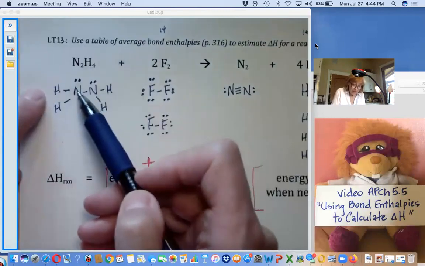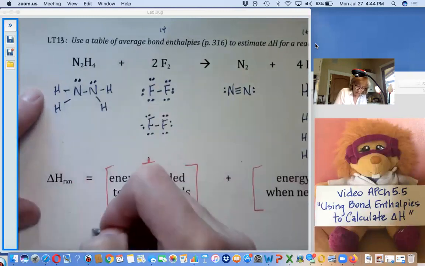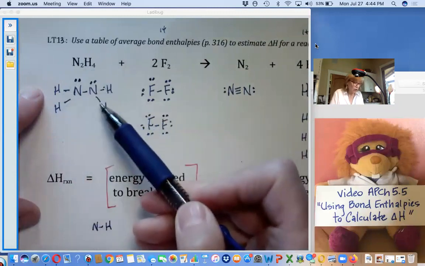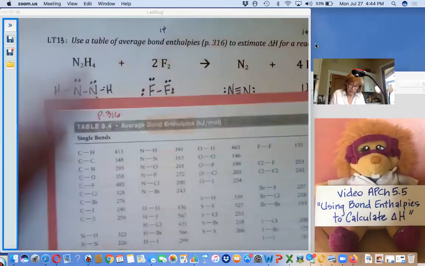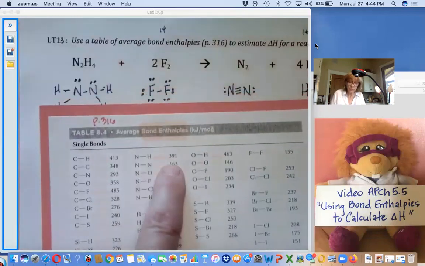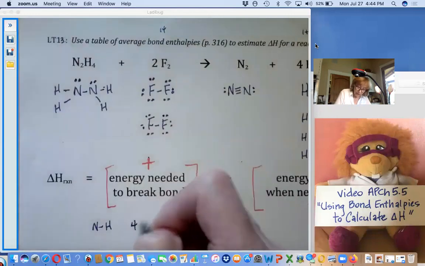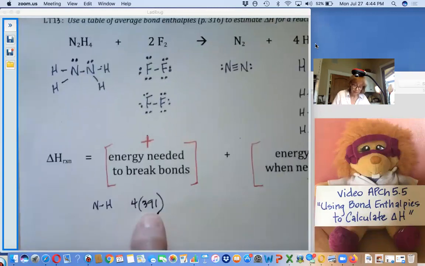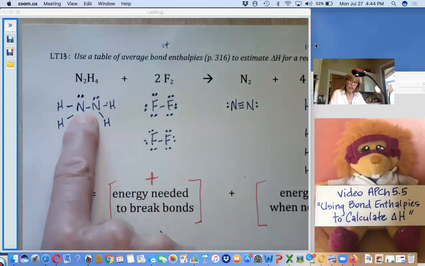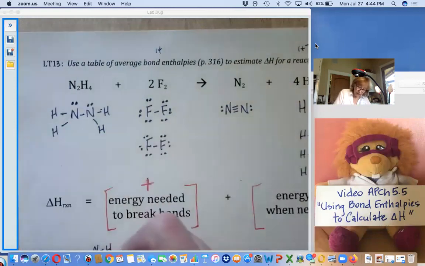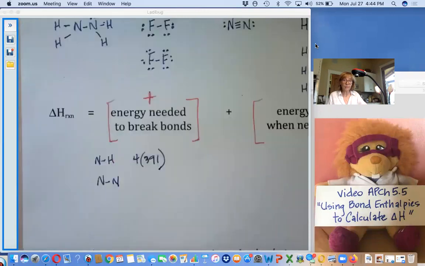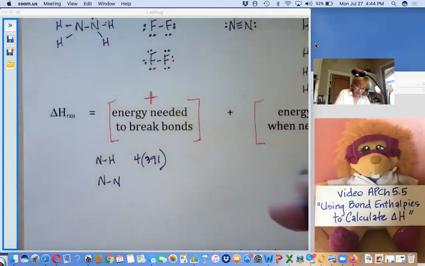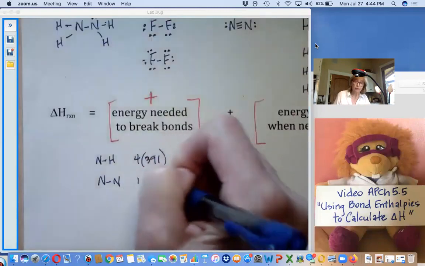All right, so let's come over here. First, I see that I have the nitrogen to hydrogen bond. And I see that there's 1, 2, 3, 4 of those that have to be broken. Nitrogen to hydrogen, 391. And there are 4 of them. This is energy going in. I also have to break the nitrogen to nitrogen single bond. And that has a value of 163. Just one of those.